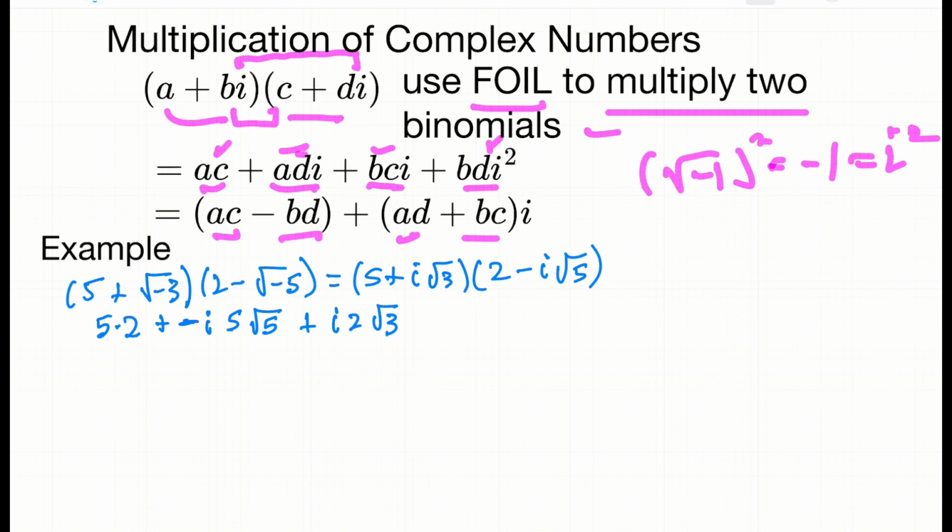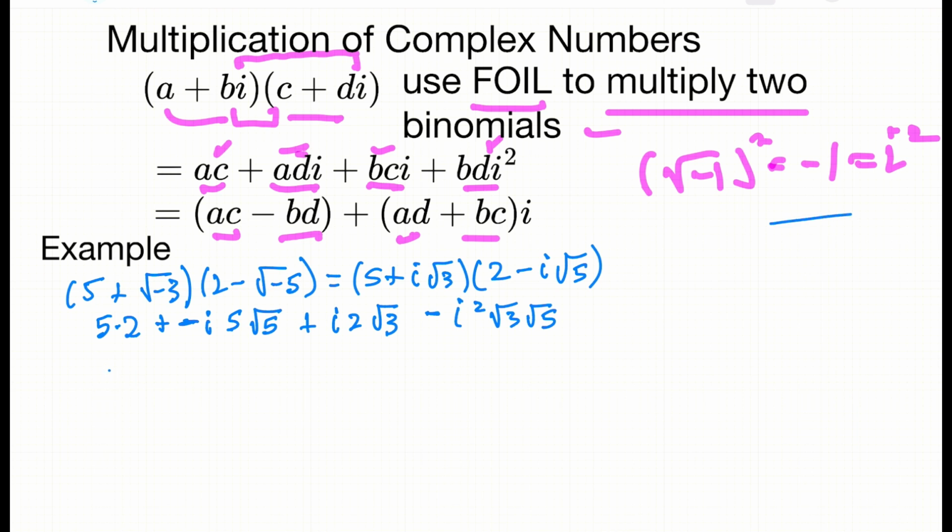And then the last. So we've got minus, because we've got that minus sign there, i squared root 3 root 5. So those are the terms combined together. And so the minus i squared just becomes a 1. We saw that up here. So let's multiply this out.